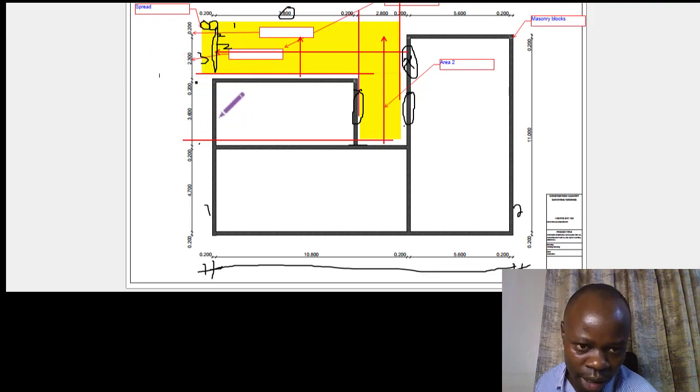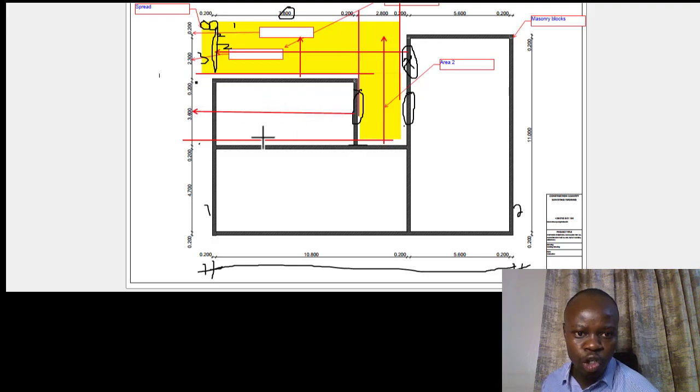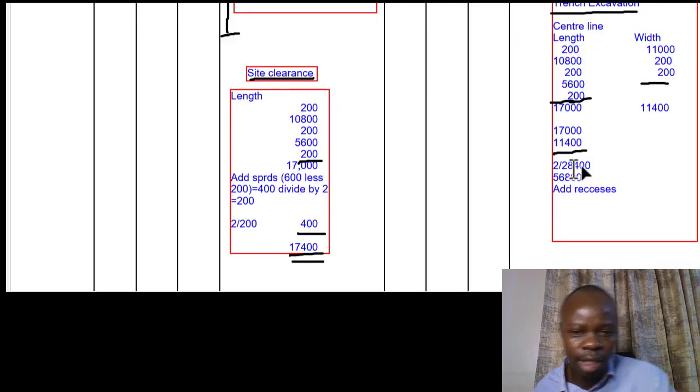So the part that is left hanging out is supposed to be of a length of 3600, which is here. This particular part, they are 3600 each. So 3600, and we also add 3600 on the other side to get that total length.